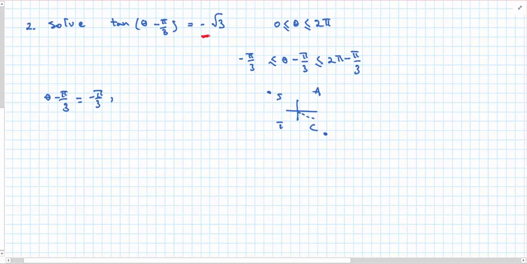The next one would be in the second quadrant, so that would be pi minus pi on 3. And then I can go around all the way to here again to meet the domain of 2 pi minus pi on 3, and it just happens to fall right on 2 pi minus pi on 3. So that would result in theta equaling 0, pi, and 2 pi.